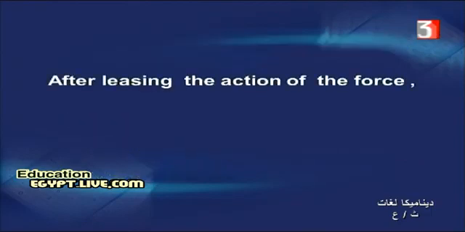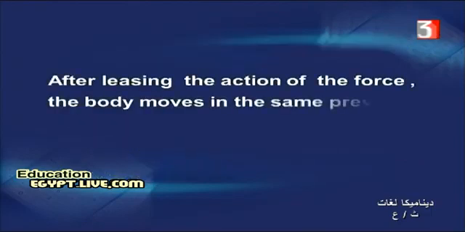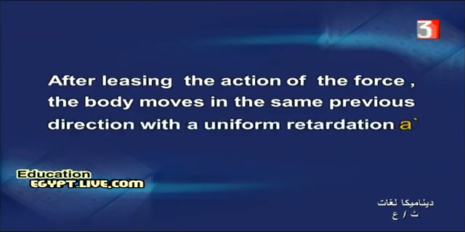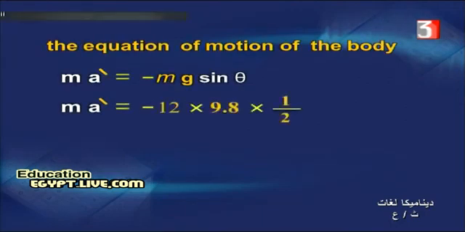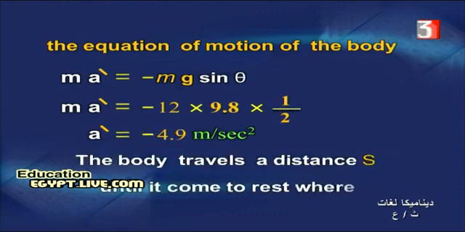Now we can write the equation: F, the magnitude of the force in Newton, minus 30 times 9.8 sine 30 degrees. Then the magnitude of the force equals 192 Newton in the first case.